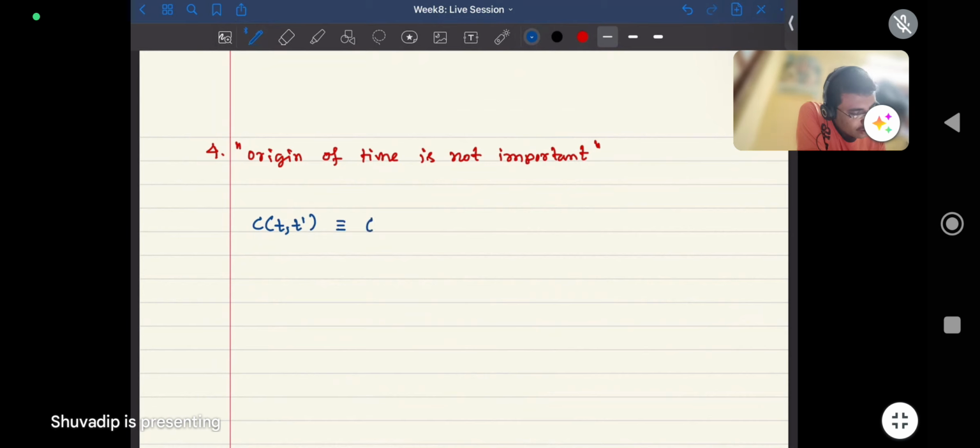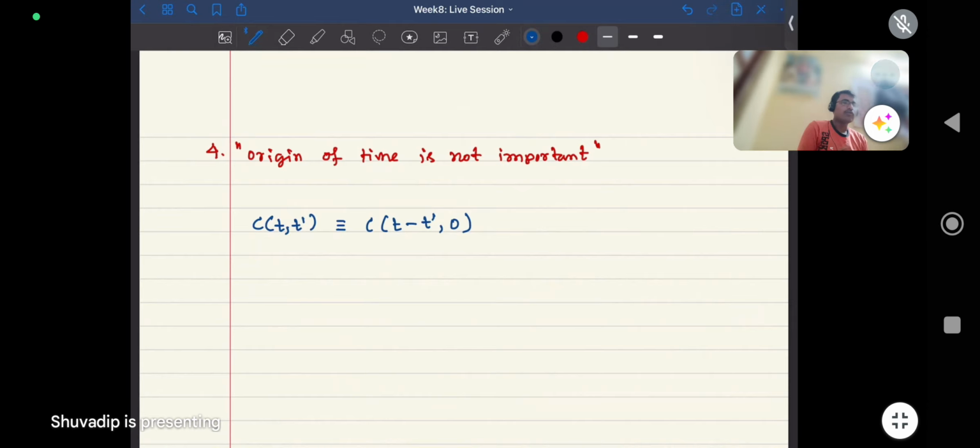This is also equivalent to saying C(t - t', 0). So it only depends on the difference of times between two points. If I want to calculate the correlation between time point t and time point t', it will only depend on t minus t', the time difference between the two time points.